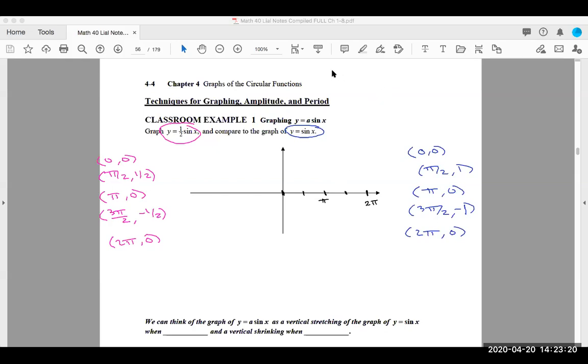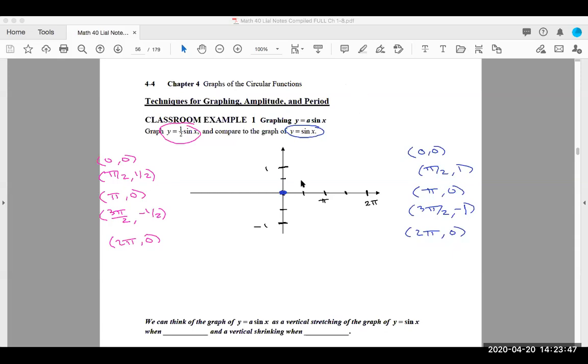So let's see if we can graph our parent kind of smoothly, and then we'll compare it with Desmos. So you have a 0, 0. Let me actually add, for the y values, we're going to need 1 and -1. And I'm going to put a little half tick in there. That's going to be our 1/2 and -1/2, respectively.